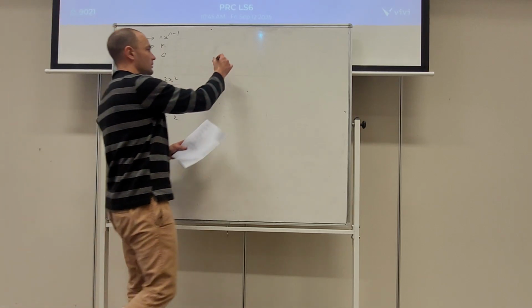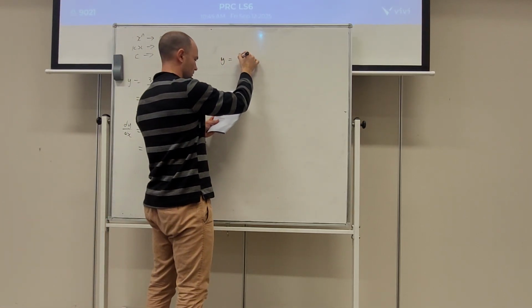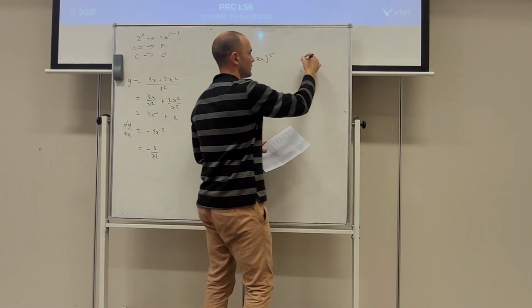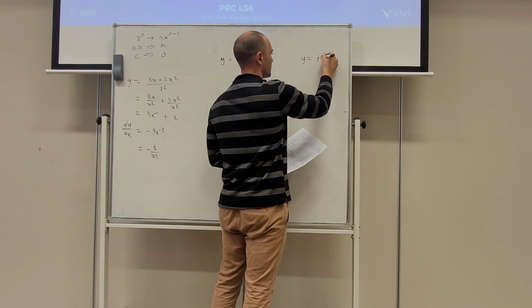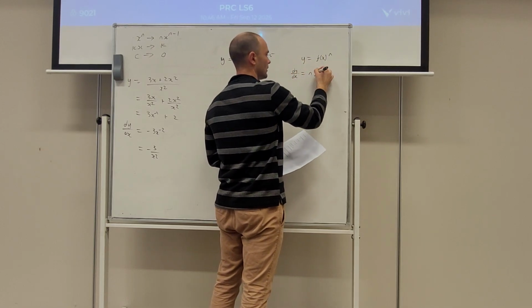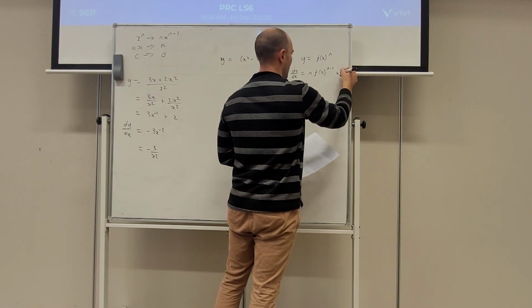Okay, then we're on to the chain rule. So we have y equals x squared take 3x to the power of 5.